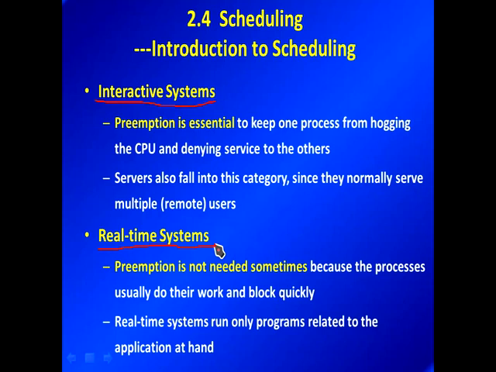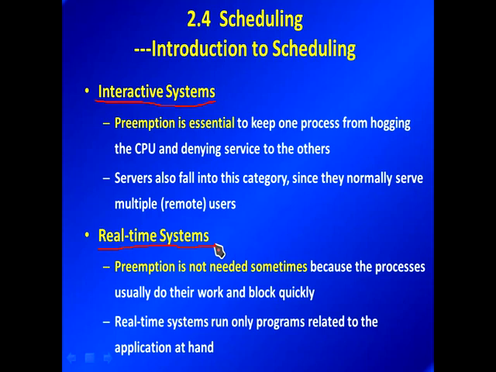Maybe you can check the example in the first chapter about car manufacturing, to see why it is important for hard real-time systems to meet the deadline.